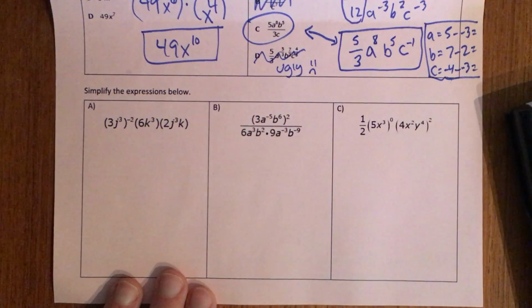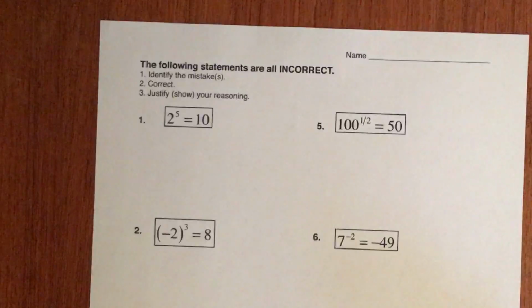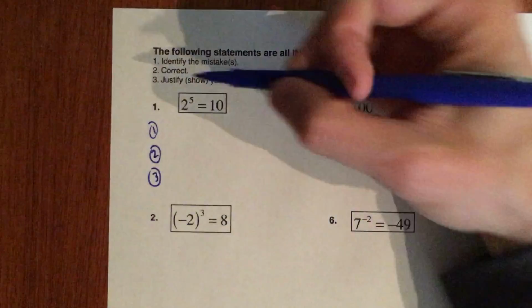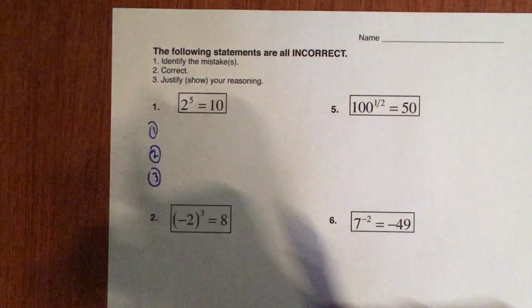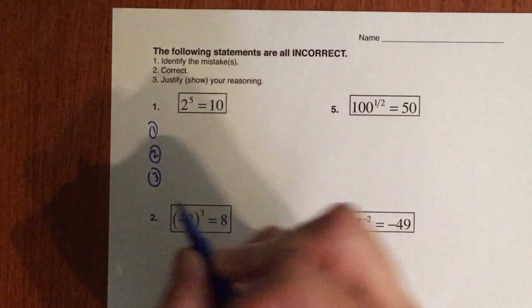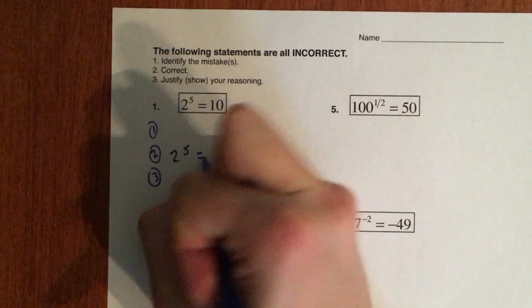And then your final mission is to look at this paper. I wrote some little steps on here that match up with what you have here, where it says identify, correct, and justify. So all you're going to do for this is correct the work. So if I do 2 to the 5th, just start with the problem.